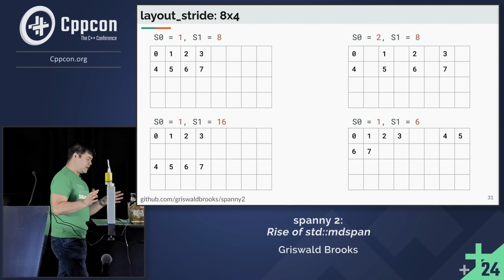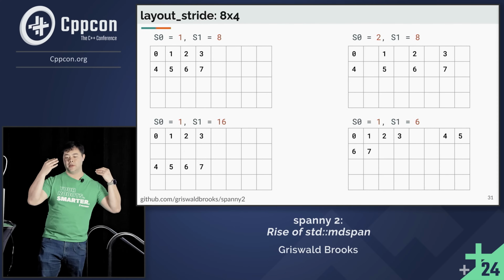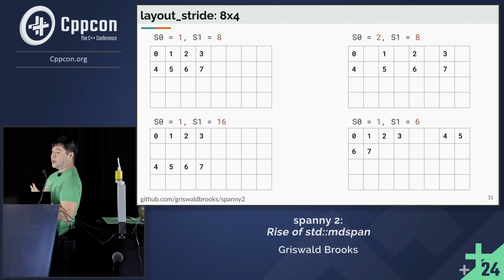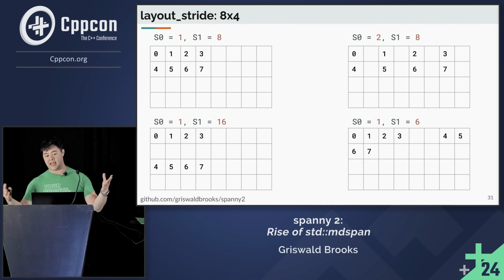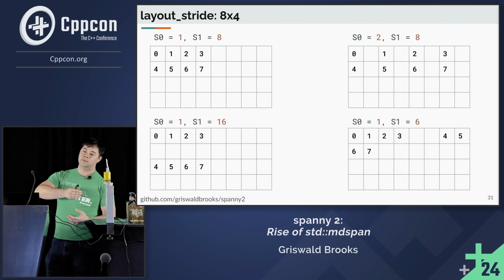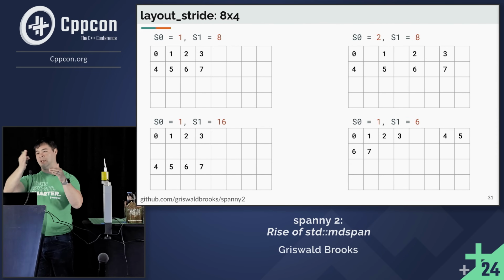For example, if we were to have an 8x4 matrix that we're going to have that little window placed into, right? And we had a stride parameter of 1 and the width of that matrix, 8, right? Then we'd get that first example. So there's one element in between elements. That just means they go next to each other.